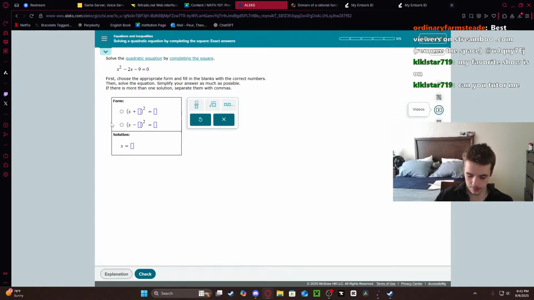Okay. So first of all, let's get a sheet of paper. You take this, which now becomes x squared minus 2x plus 1 equals 10. There we go.